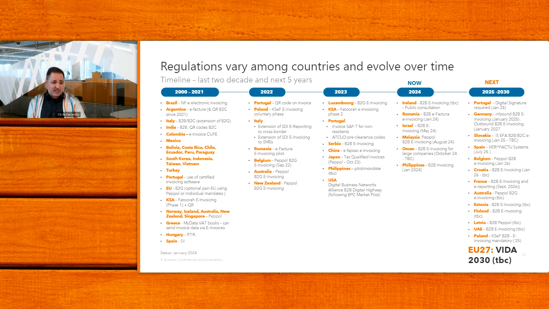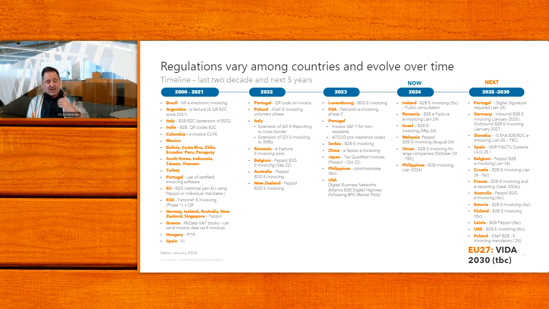You'll also see on this slide that, like I was saying earlier, it's not super binary. You might see that Portugal started years and years ago with mandating the use of certified software. And then the following year, it had QR codes as the mandate. And then there's more stuff coming down the line.